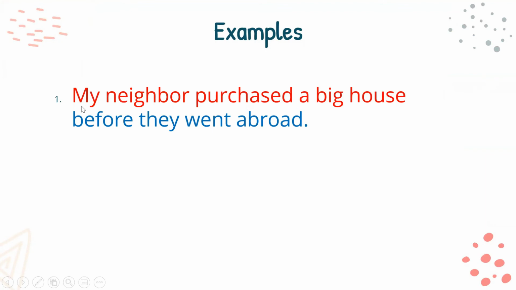You can see that my neighbor purchased a big house is in red. Before they went abroad is in blue. This group of words in red is an independent clause because it expresses a complete idea. The one in blue is a dependent clause because it starts with the word before, and before is a subordinating conjunction.